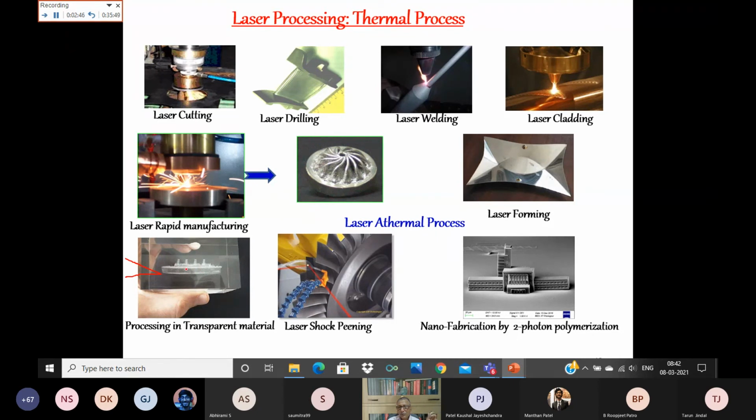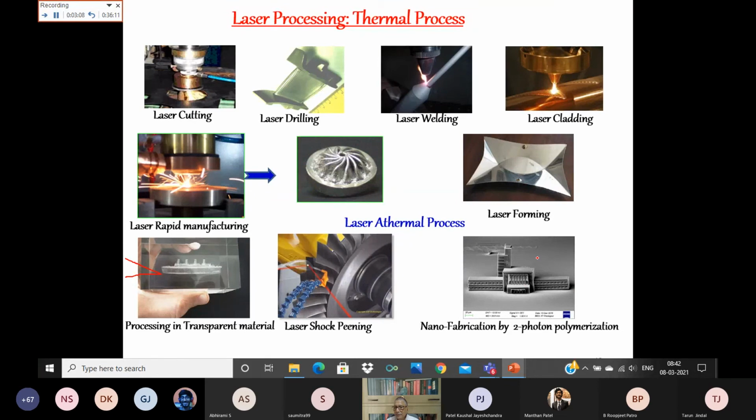Here the laser shock peening is done, and another very interesting application is that you can create micro or nano fabrication. Here this IIT main building has been produced, a three-dimensional model has been made in less than a millimeter diameter.